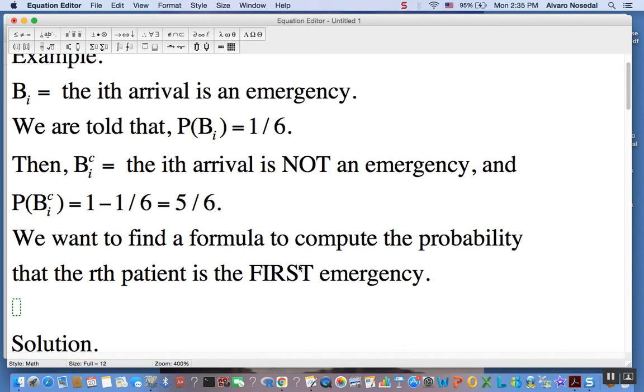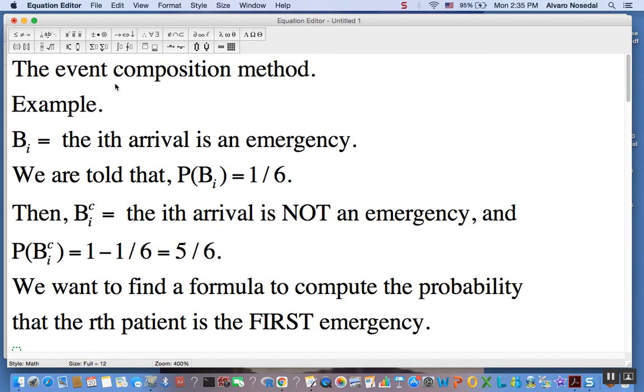So what we did here is we came up with simple events, the BIs, and then using intersections and complements, we were able to construct the main event of interest, and that's the main idea behind the event composition method.